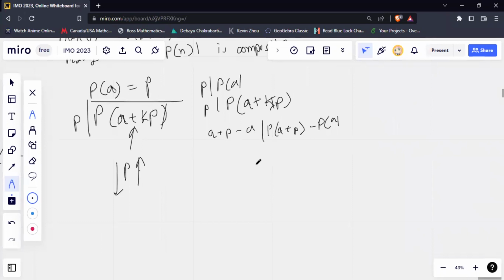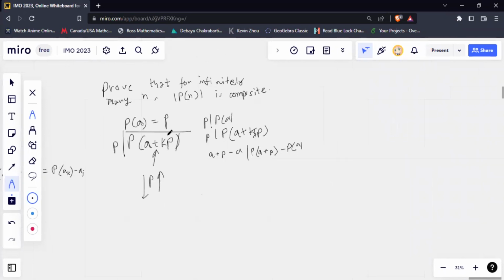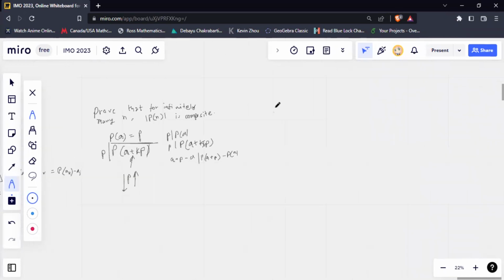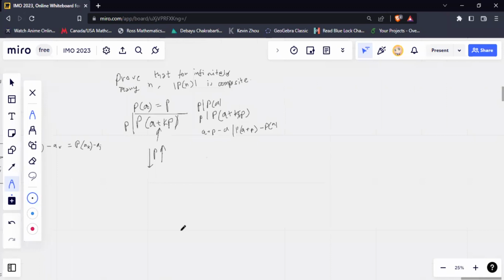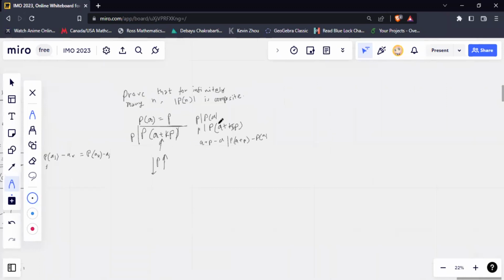Wait, so is this sort of like Dirichlet's theorem? Dirichlet says this is prime infinitely often, like the AP, for degree 1 polynomials. Dirichlet has a proof which is much harder.